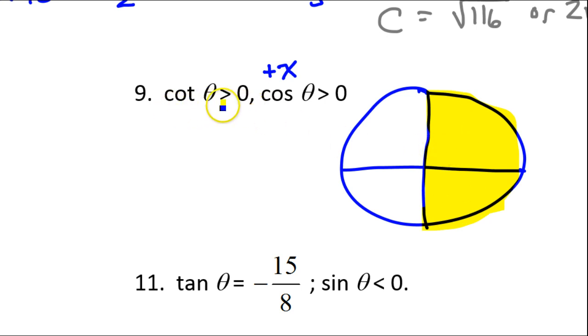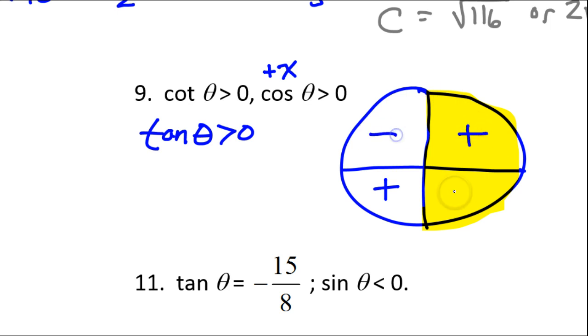But we also need a positive cotangent. Now remember that cotangent is the reciprocal of tangent. So cotangent and tangent will either be positive together or negative together. So we can really just switch our brains and focus on tangent again. We already discussed this on problem number 8. Tangent is going to be positive in the first and third quadrant, because that's where sine and cosine are the same sign.